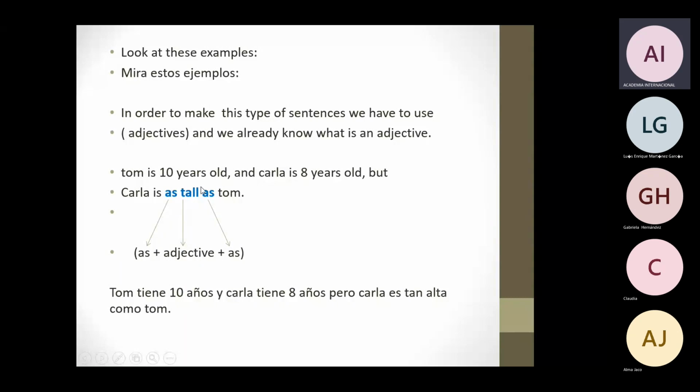En medio tenemos el adjetivo, que significa tall. ¿Tienen alguna idea de qué significa ese adjetivo? Anybody have an idea about what means this adjective?